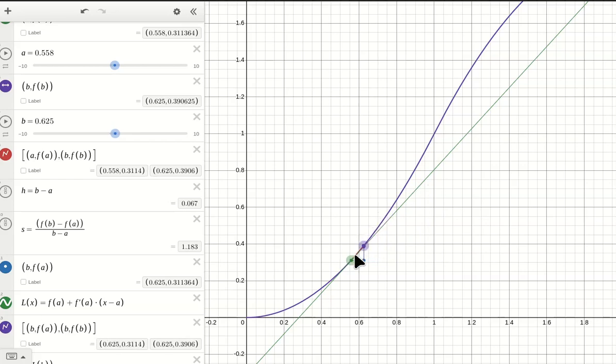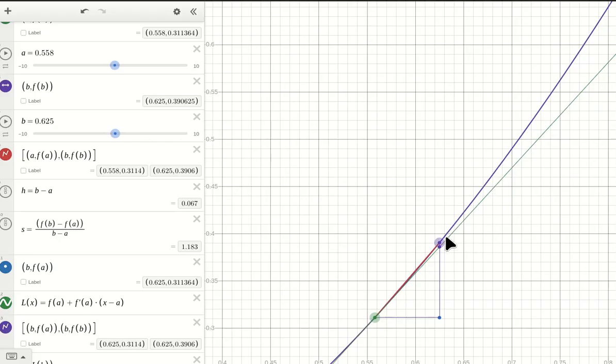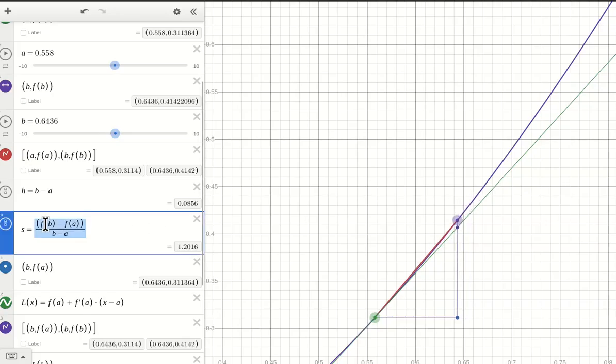And if we really zoom in, the curve looks pretty straight, and the red line, which gives the average over that short period of time, is very close to the tangent line. So you can see we're approximating the tangent line by taking the difference of the function: f of b minus f of a.